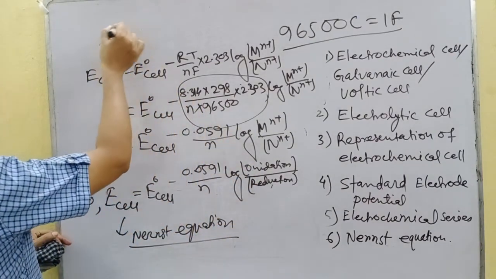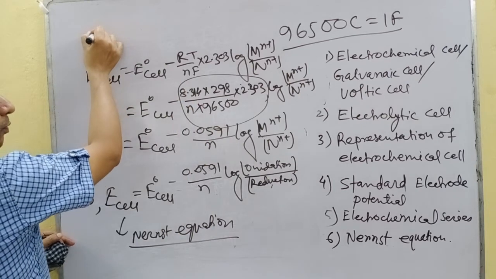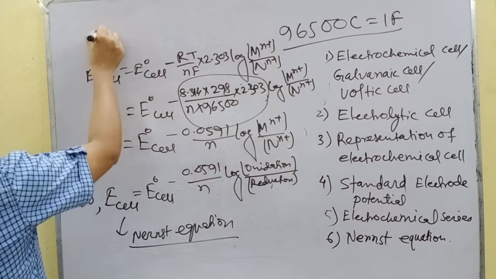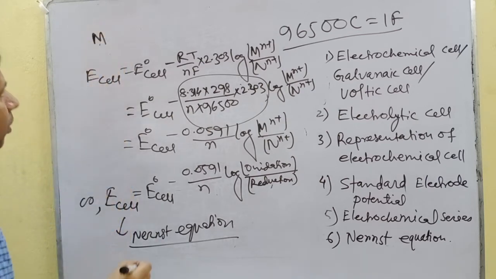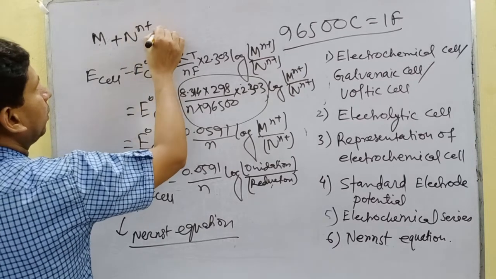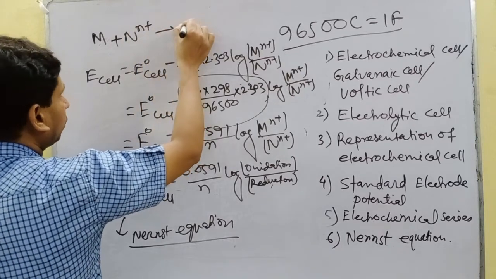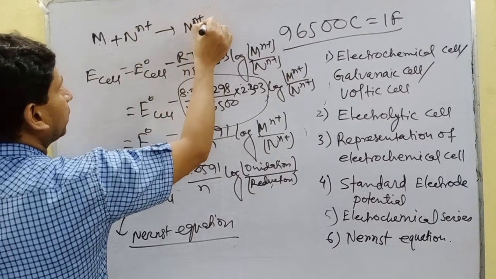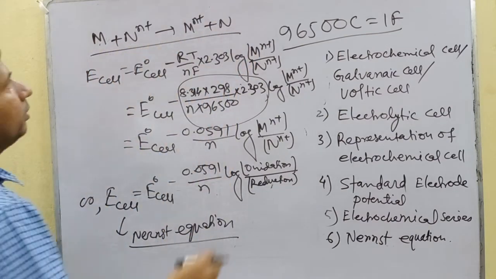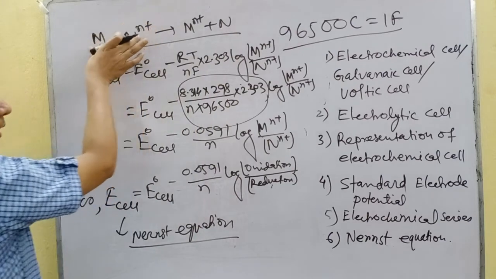Reduction takes place, what was product is M^n+. This is the product, this is the reactant.